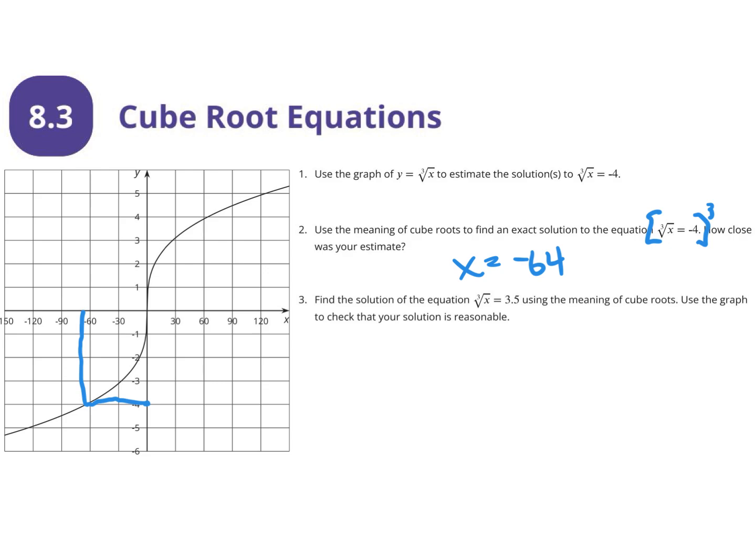Find the equation of 3.5. 3.5 is in between 3 and 4. We come till we touch the graph. No, I'm sorry. That's positive 3.5. Same answer, different place. Positive 3.5.